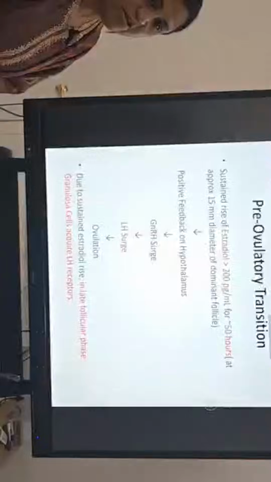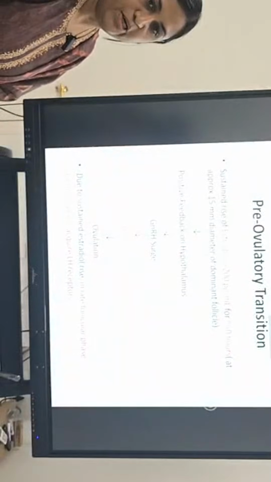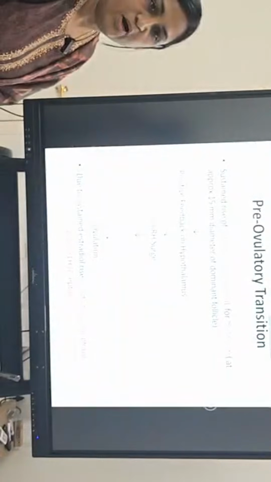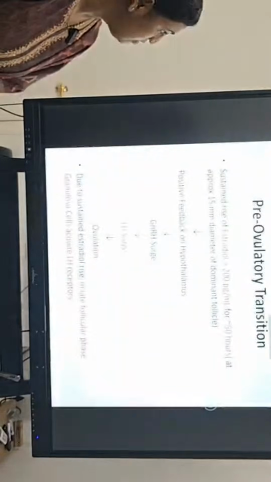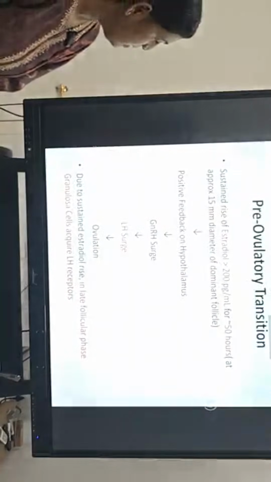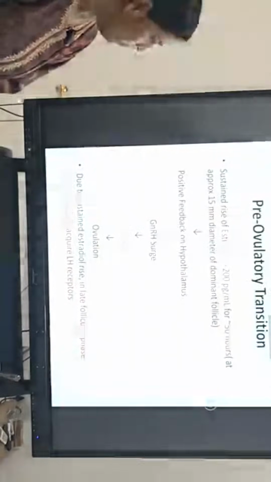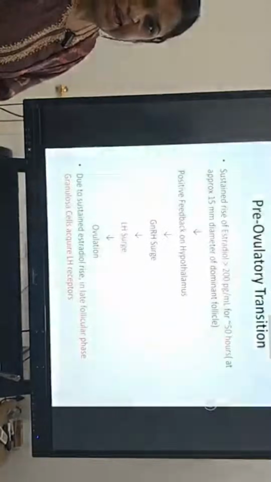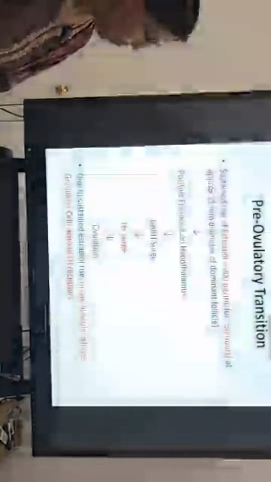A sustained rise of estradiol greater than 200 picogram per ml for a period of around 50 hours will lead to a positive feedback on the hypothalamus, leading to LH surge and ovulation. It is only in the late follicular phase that the granulosa cell will acquire the LH receptor.